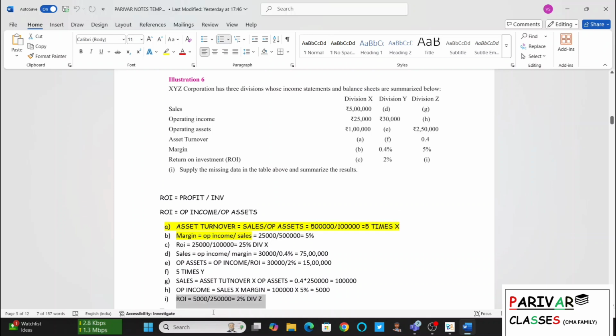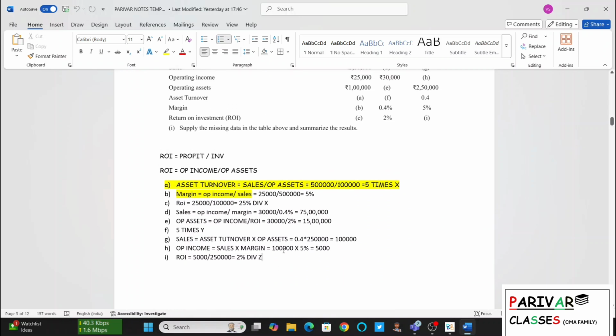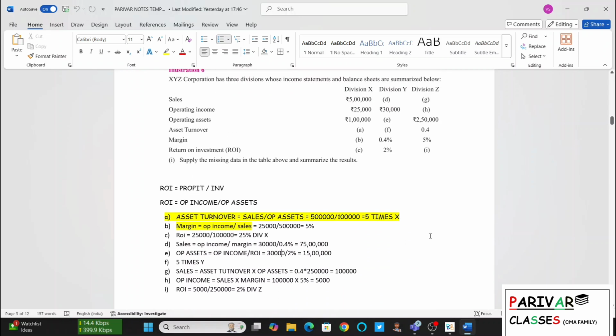For division Z, ROI we calculated as 2 percentage. Both division Y and division Z are having the same ROI of 2 percentage, whereas division X is having a tremendously better ROI of 25 percentage. So based on ROI and the given data, we can comment that division X is performing tremendously better in relation to division Y and division Z.